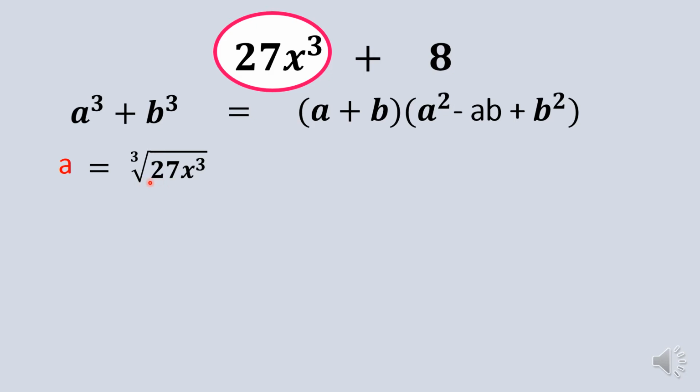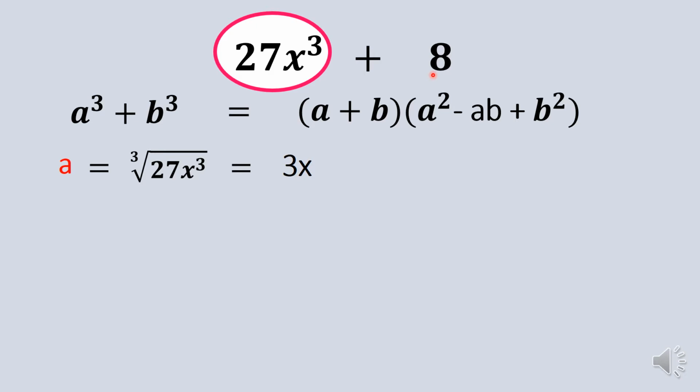The cube root is the number that, when multiplied by itself three times, gives 27. That number is 3, because 3 times 3 is 9, and another 3 gives 27. How about x cubed? The cube root of x cubed is simply x, because 3 divided by 3 is 1, so we just write x.